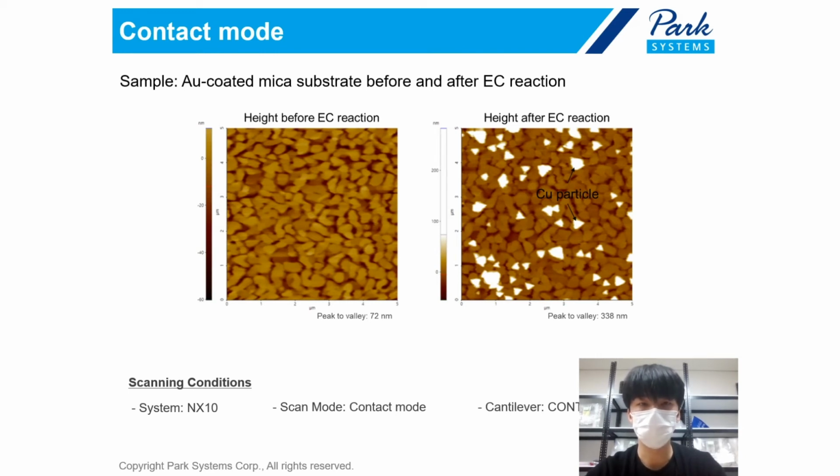Usually we use a soft tip for measuring in contact mode, to prevent indentation or plastic deformation of the sample by physical contact. As you can see, both height images, before and after AC reaction, are well measured with contact mode.